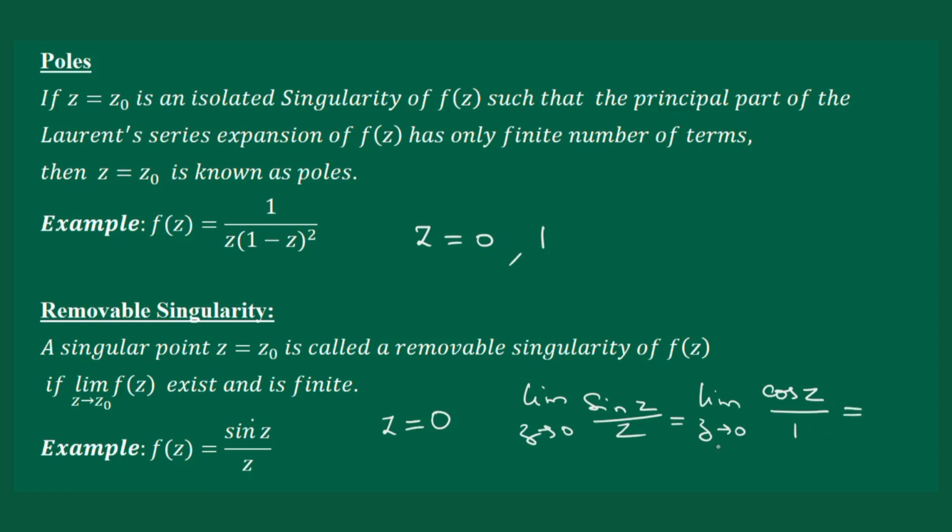Now if we apply the limit z tends to 0, cos 0 is 1, divided by 1, which is equal to 1. So even though the function is not defined at the point z equal to 0, while taking the limit z tends to 0, it exists and it is also a finite value. So we can say that z equal to 0 is the removable singular point.